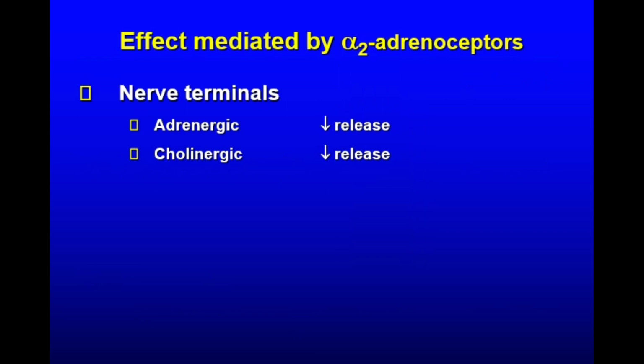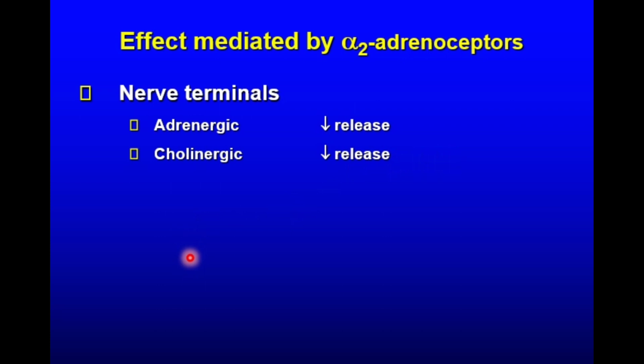Examples of location and effect mediated by alpha-2 adrenoceptors. Alpha-2 adrenoceptors are mainly found on the nerve terminals of adrenergic neurons and act as feedback control of noradrenaline release.